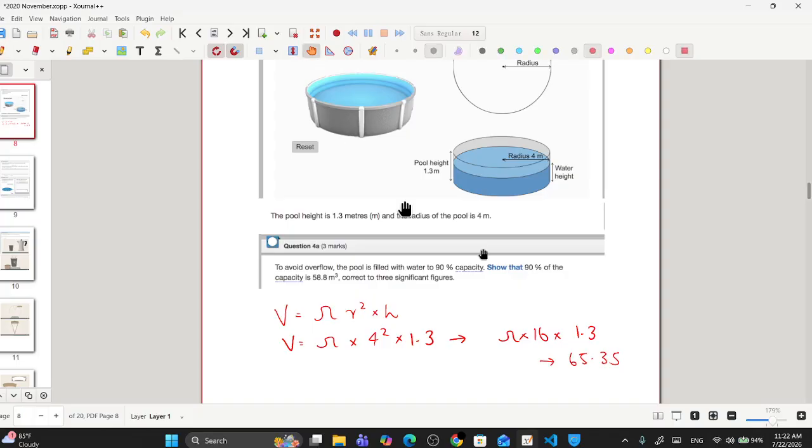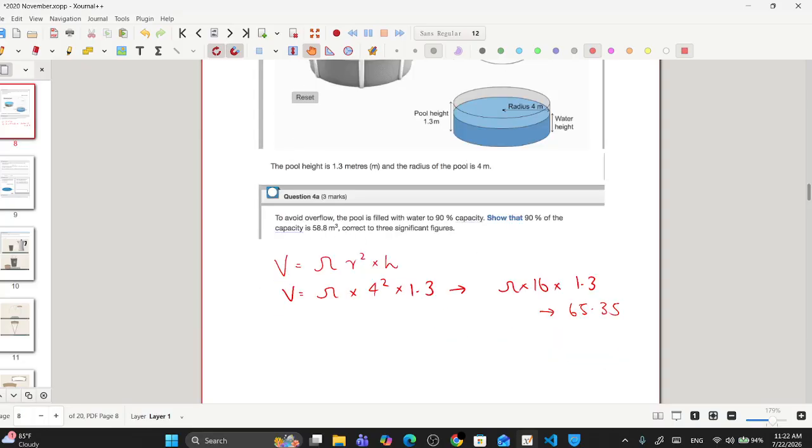Now, this is the total volume. It says in order to avoid overflowing, 10% of it should be left. So if we were to find 10% of 65.345, we get the answer 6.53.